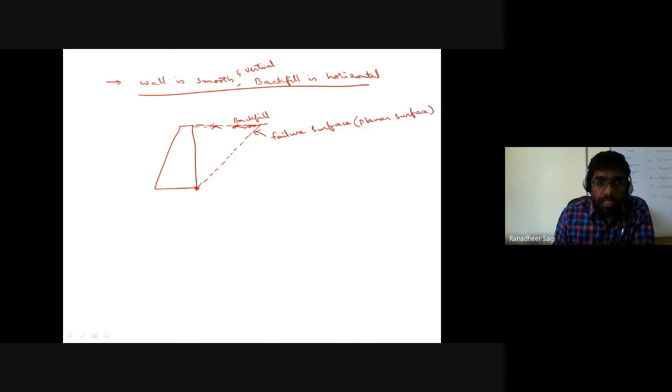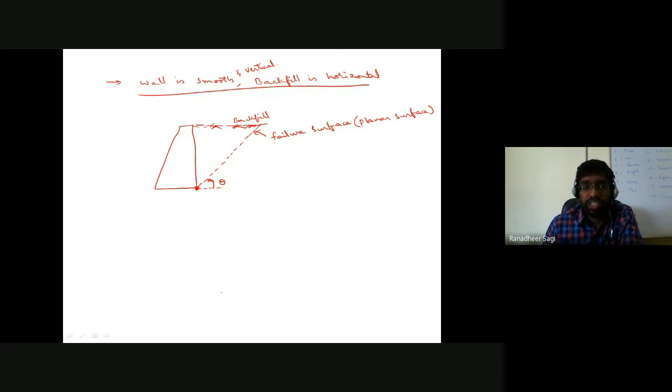Right. I would consider this failure surface makes an angle of inclination, say theta, with the horizontal. My objective is to understand what this theta value is. In Rankine's earth pressure theory, we know this theta value is 45 plus phi by 2 with the horizontal in the case of active state.